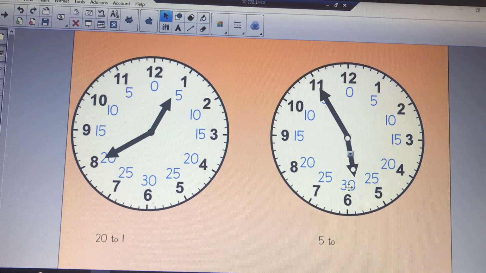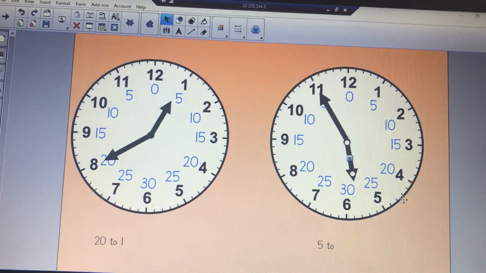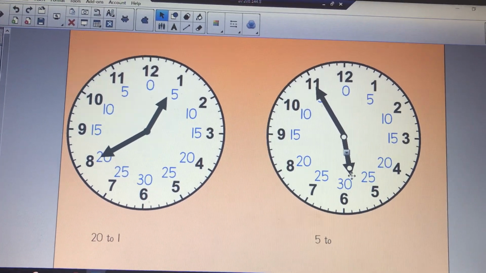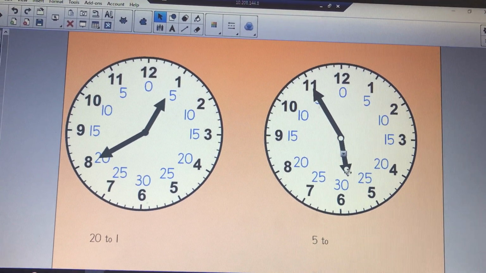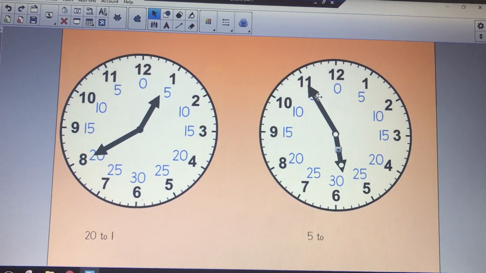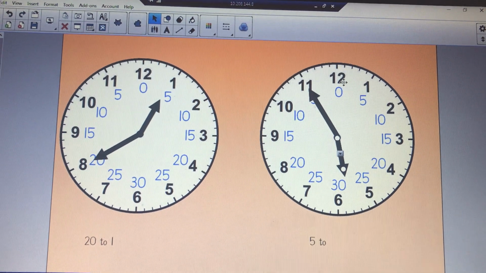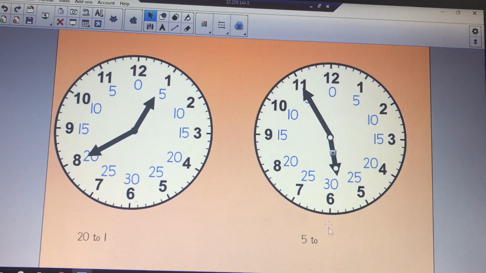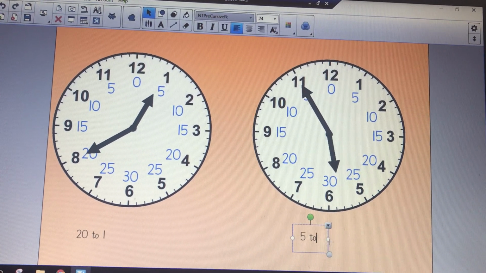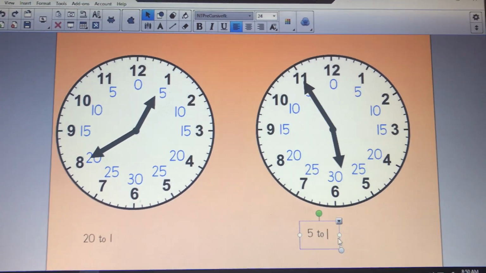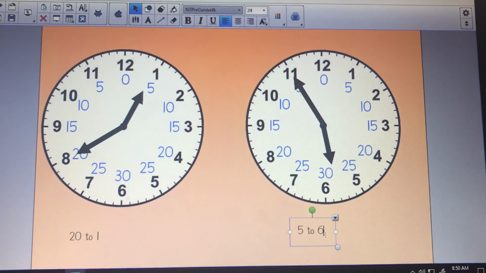Remember, not 30. We don't say it's 30 o'clock. We would say 6 o'clock. And the hour hand is almost at the 6 o'clock. When the minute hand gets to 12 in 5 minutes time, it will be 6 o'clock. So we would say it is 5 to 6, or you could say 5 minutes to 6. Okay.